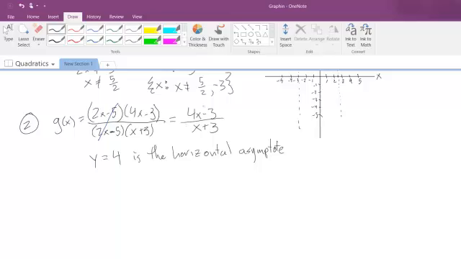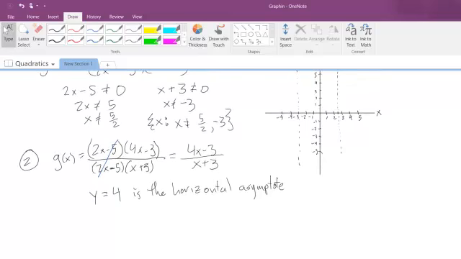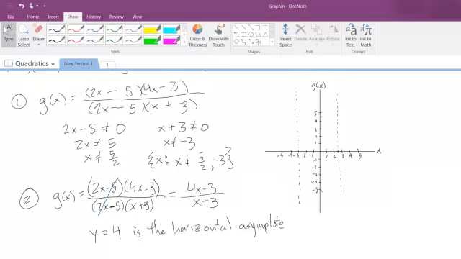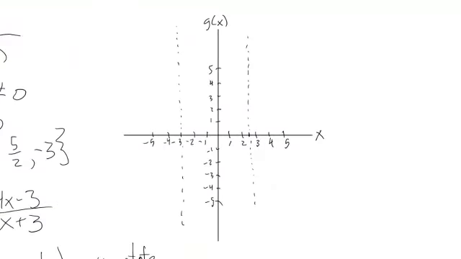If it's of the same degree, and it is, x to the first, this leading coefficient 4 over 1. So 4 over 1 is just 4. So my horizontal asymptote is right up here, right through the 4 there.